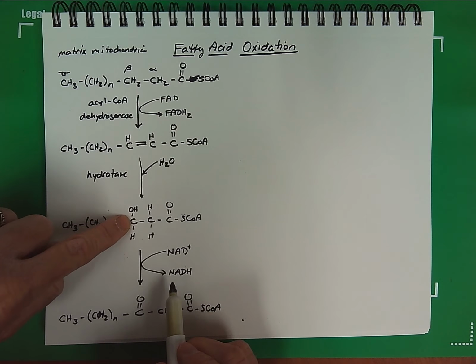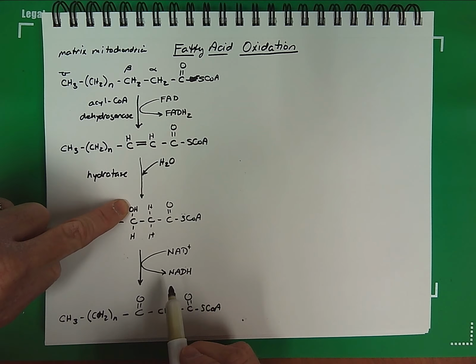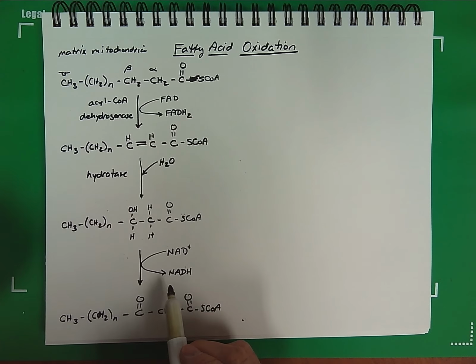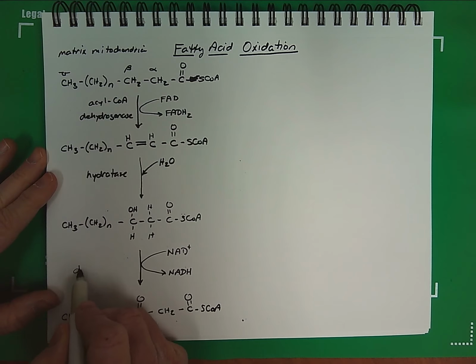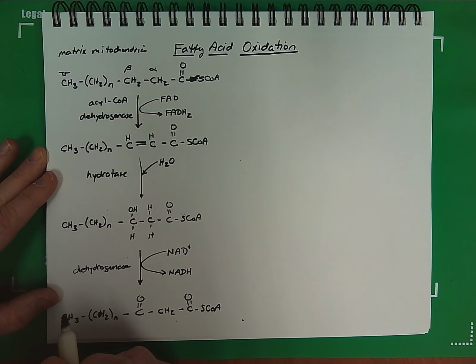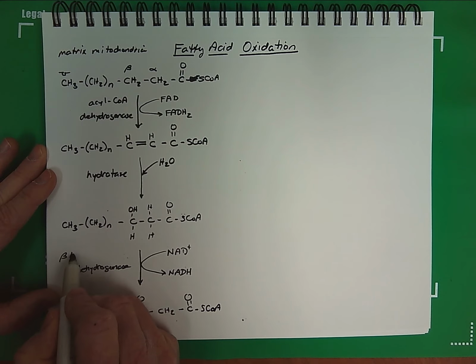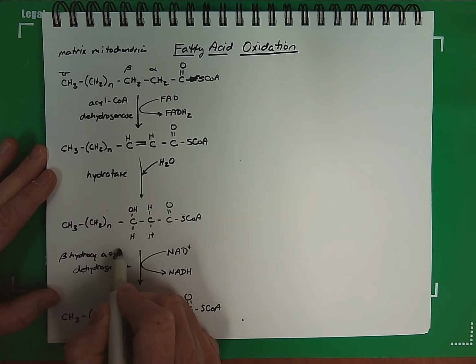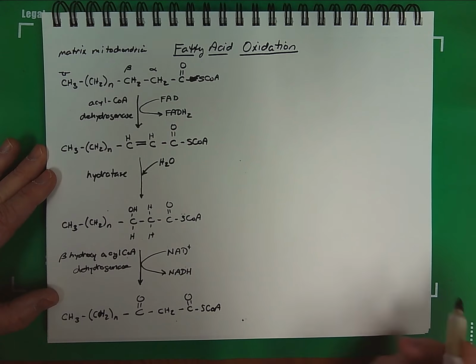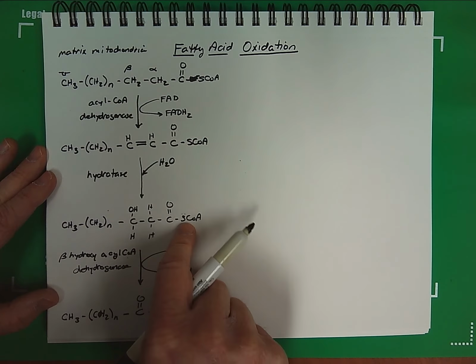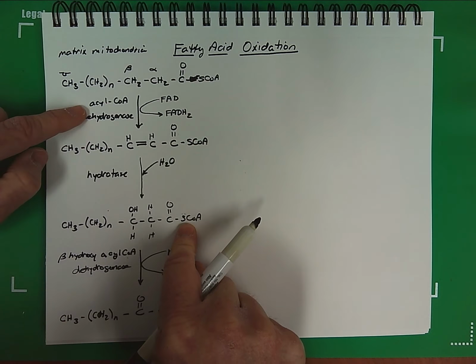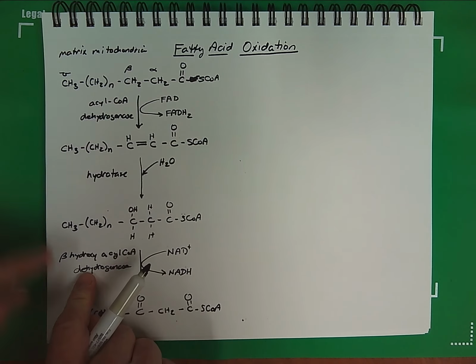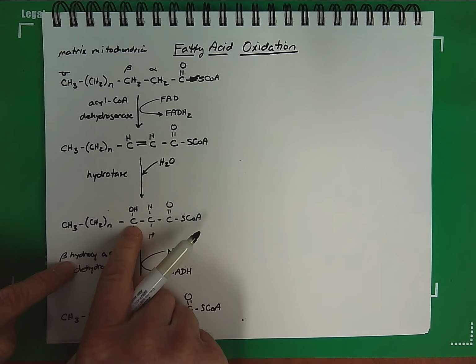And in doing so, we're transforming this alcohol into a ketone structure. This, of course, is a dehydrogenase enzyme. And the specific name is beta hydroxyacyl-CoA dehydrogenase. Again, reflecting the acyl-CoA that we are working with a fatty acyl group, similar to the first reaction, and beta hydroxy because we have a hydroxyl group on the beta carbon.